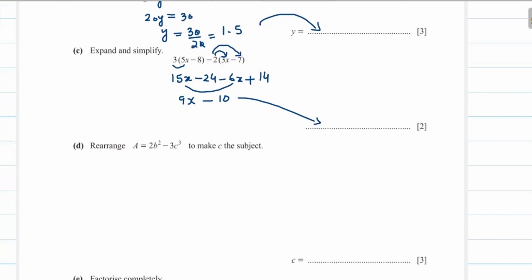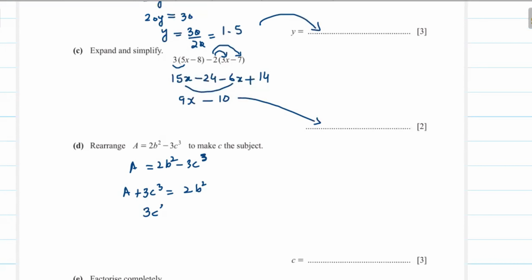Part D, rearrange A equal to 2b squared minus 3c cubed to make C the subject. We can write this equation A equal to 2b squared minus 3c cubed. We shift the 3c cubed from right to left side, it becomes A plus 3c cubed equal to 2b squared. Next, we shift A from left to right side.